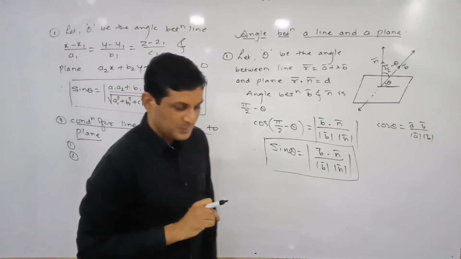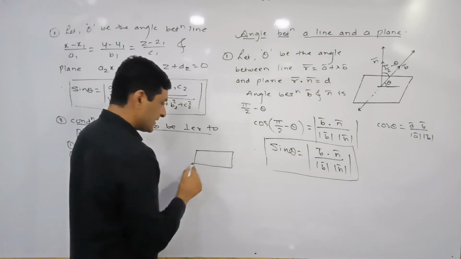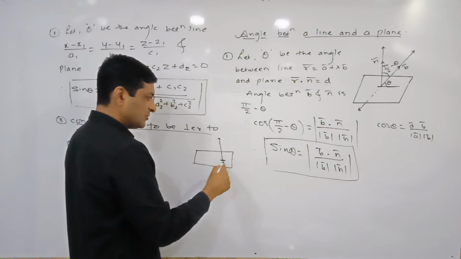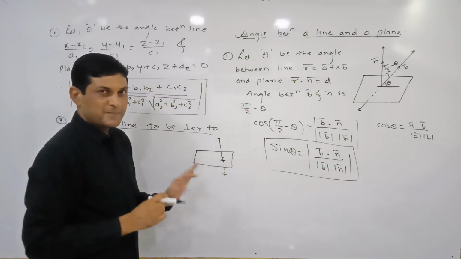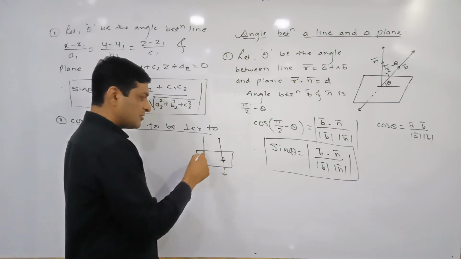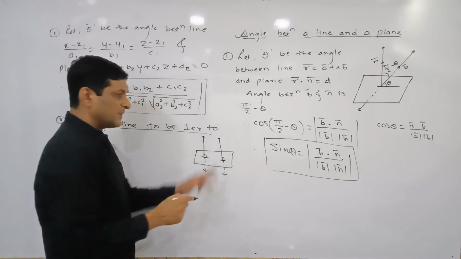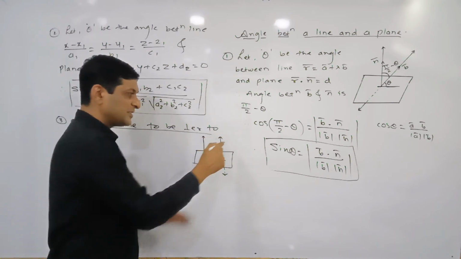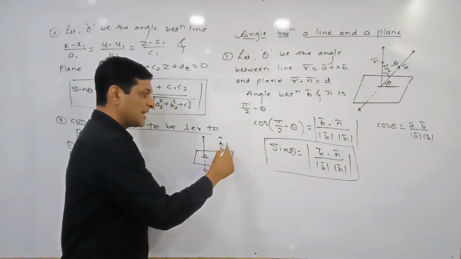Now let us suppose this is one plane, and this line is perpendicular to the plane. The line is perpendicular to the plane, and we also know that the normal is a line perpendicular to the plane. Now if the line is perpendicular to the plane, then can I say that it is parallel to the normal? So what is the vector along the line? B bar.